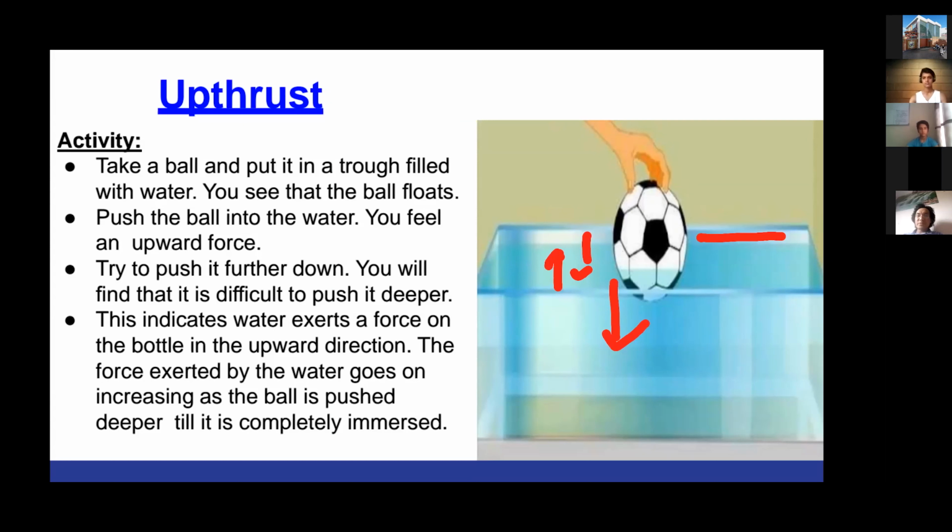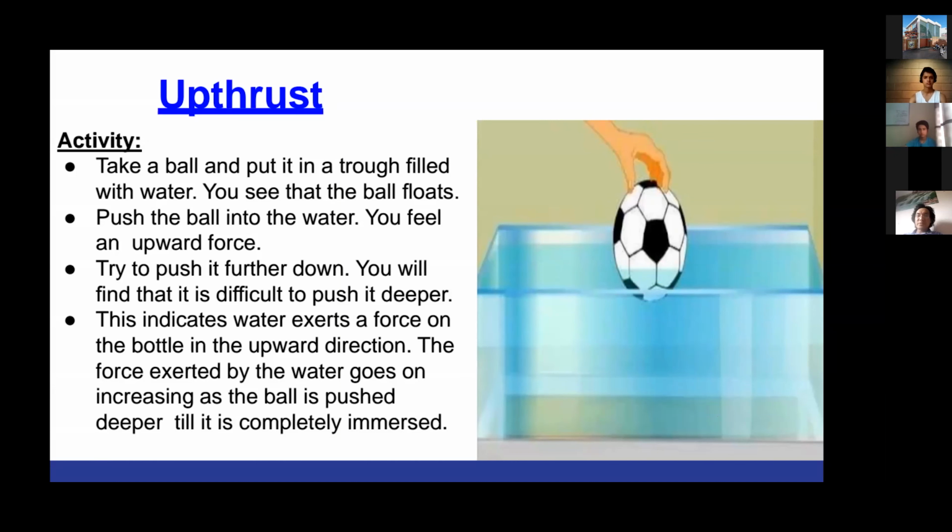So due to the upthrust given by the water to the ball, at first the ball remains on the surface of water, and due to upthrust again given by the water, we feel it difficult to push the ball down into the water. And lastly, again due to the upthrust, the ball returns and remains on the surface of water.